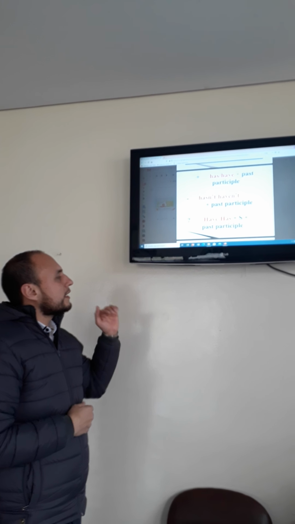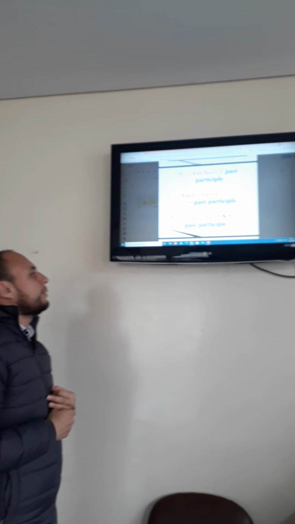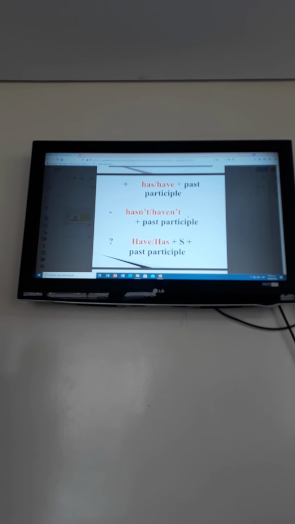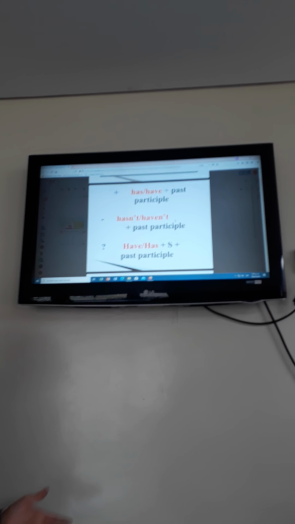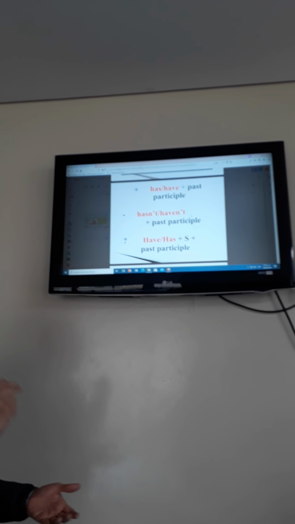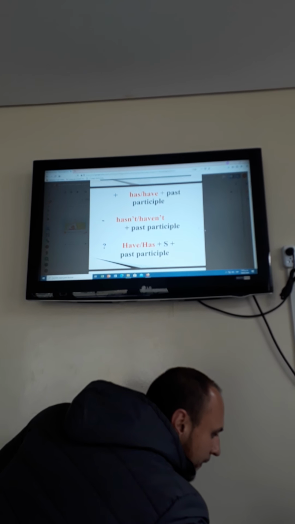So take into account that we use has with third person singular, which are he, she, and it. And we're going to add, obviously, the past participle of the verb, the one which is in the third column of the verb list. So you can also check verbs in your students' books.